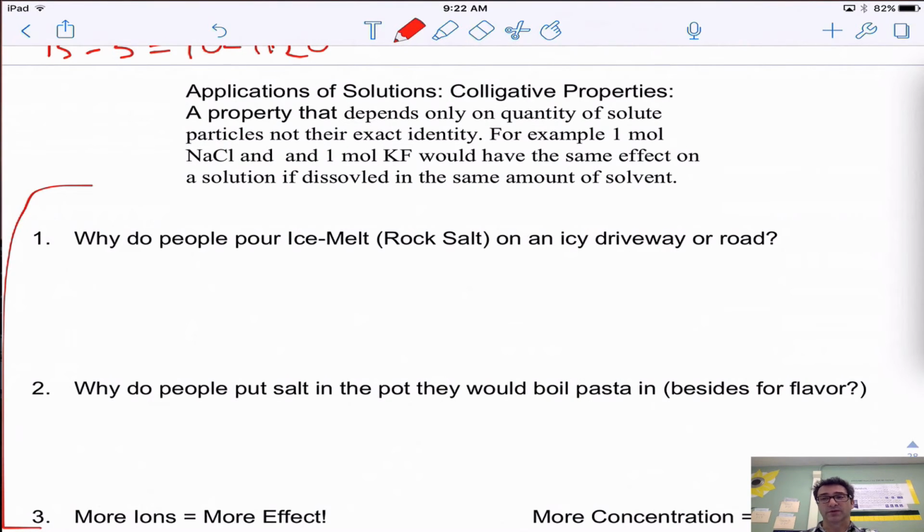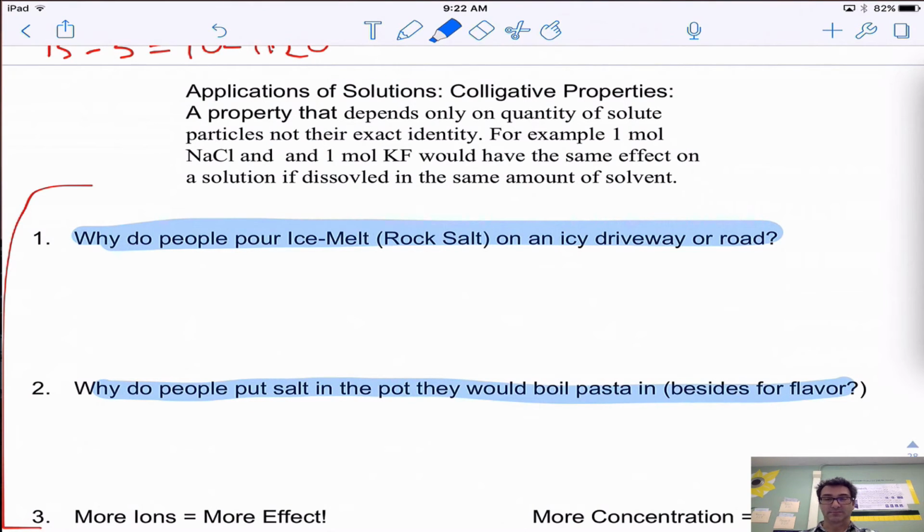Some of the more common properties that we study of a solution are how its melting point and boiling point change. And we might see this if we have a snow day coming up: why do people pour ice melt, something called rock salt, on their icy driveways? And why do people put salt in their pasta, besides the flavor?